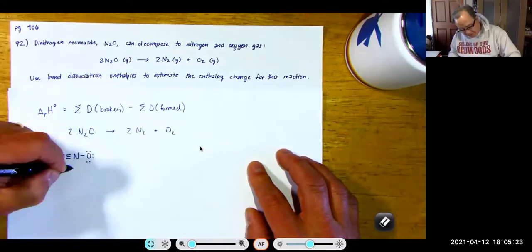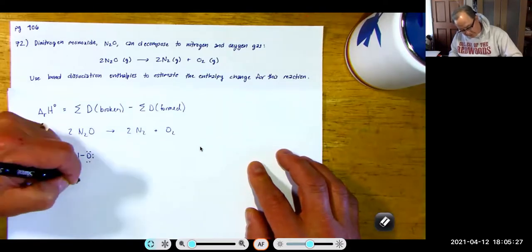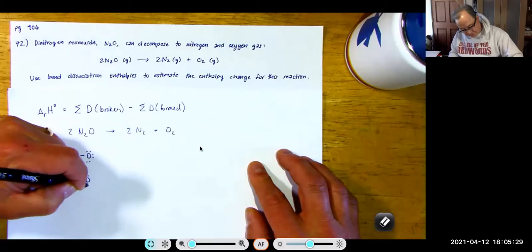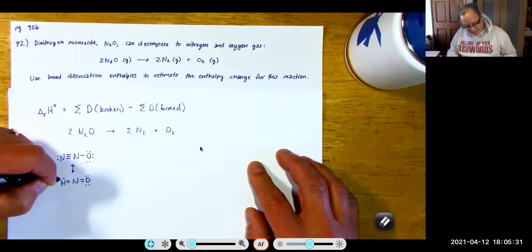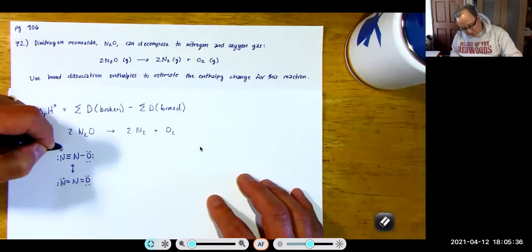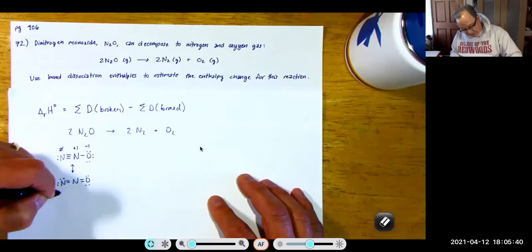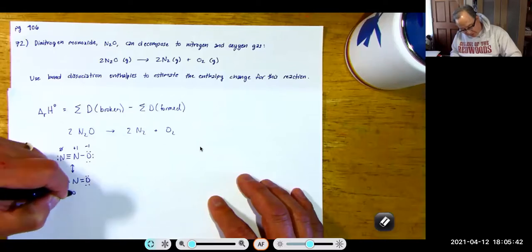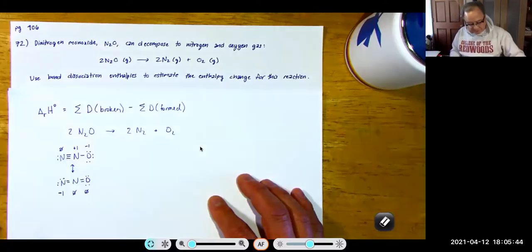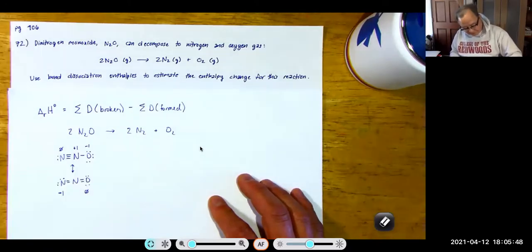Now this does have two Lewis structures. And here we've got a 0, a +1, and a -1. And here we've got a -1, a 0, and a +1.